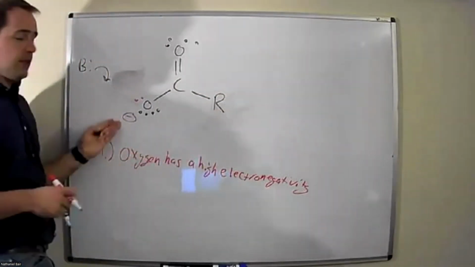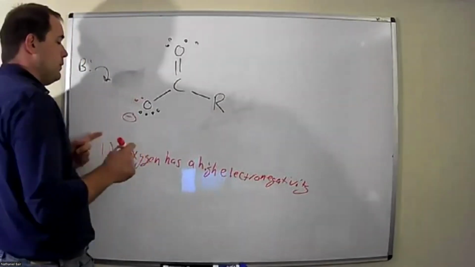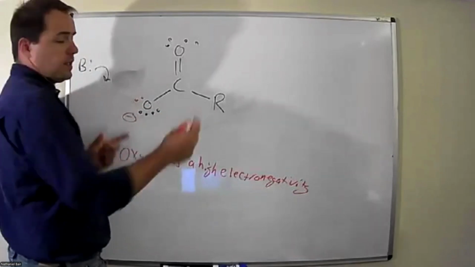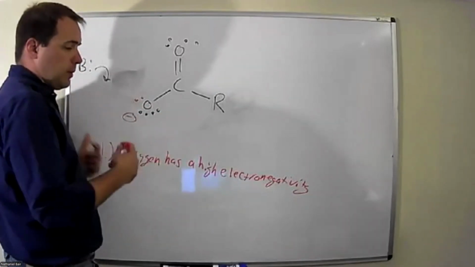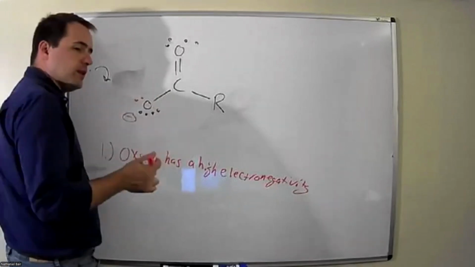The other reason is this isn't even actually a -1 formal charge. This structure, this conjugate base, is called a carboxylate. The conjugate base of a carboxylic acid, the carboxylate, is actually stable because it has resonance.